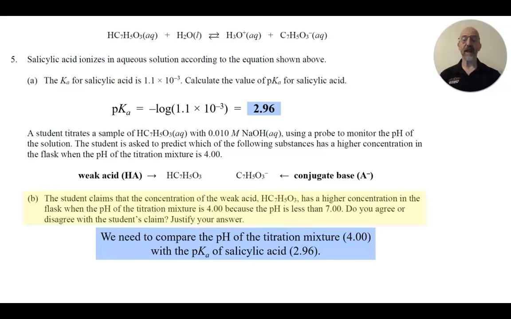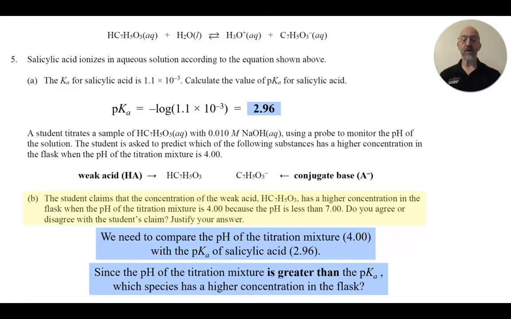So we need to compare the pH of the titration mixture, which is 4.00, with the pKa of salicylic acid, which we calculated in part A, and that's 2.96. So obviously 4.00 is greater than 2.96.